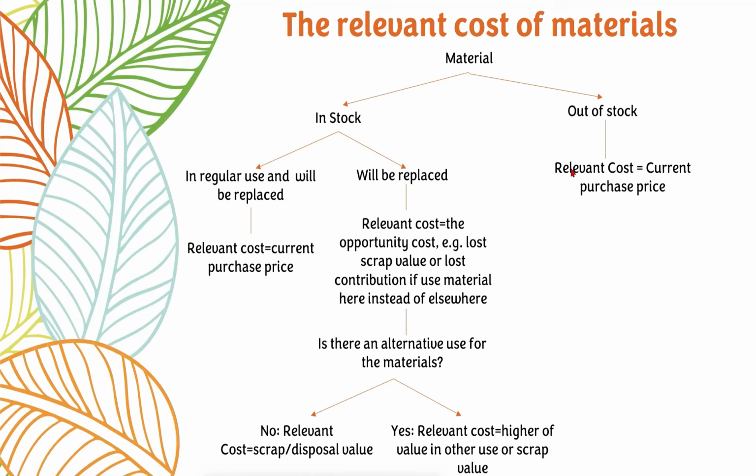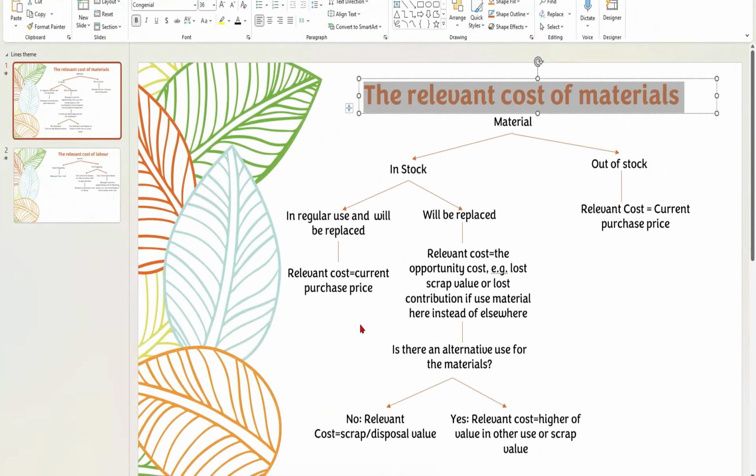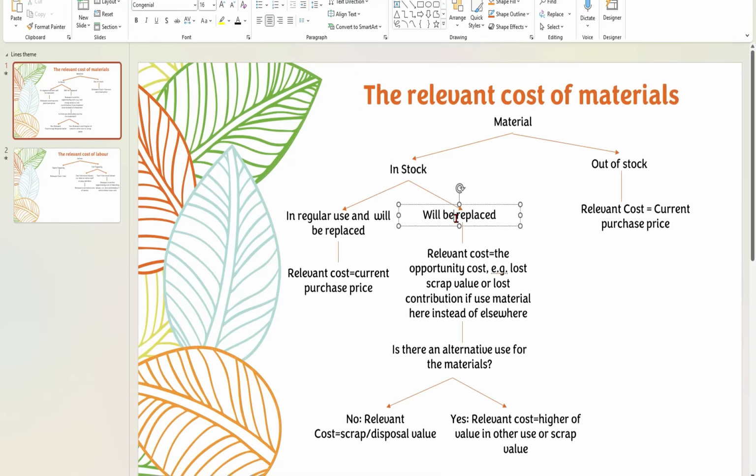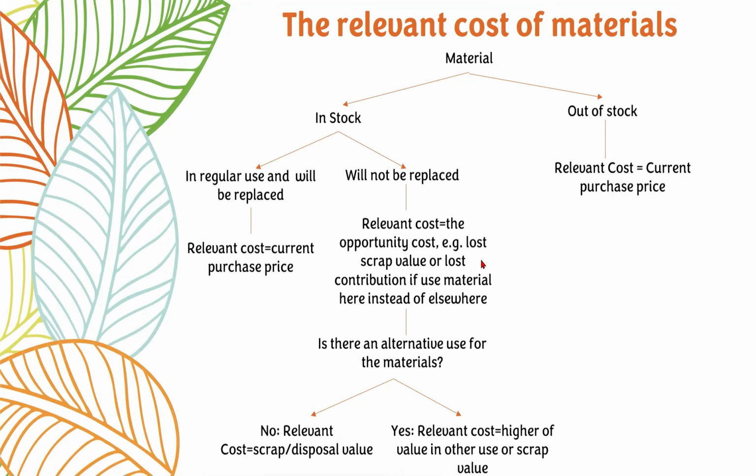That's fine. And in case the material is in stock, you need to identify whether the material is in regular use and can be replaced easily, or whether we will not be able to replace it.